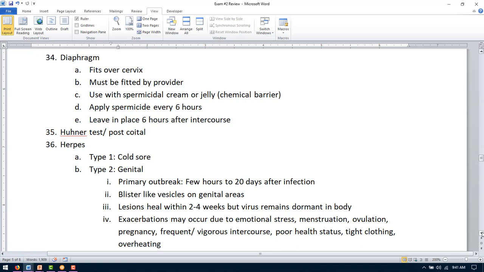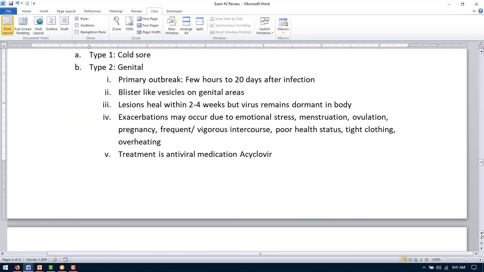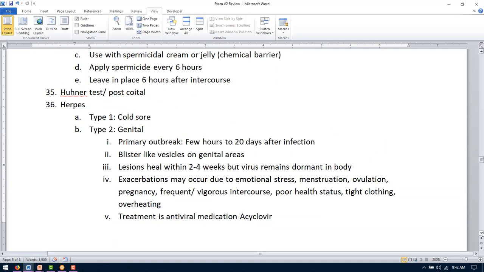Herpes type 1 is the cold sores, type 2 is the genitals. Going a little fast here. Primary outbreak can happen right away or within 20 days. There's blisters on the genital areas, which can open. And then the lesions will heal within about 4 weeks, but the virus still stays in the body. So these people might have exacerbations if they get stressed out, sometimes with menstruation.